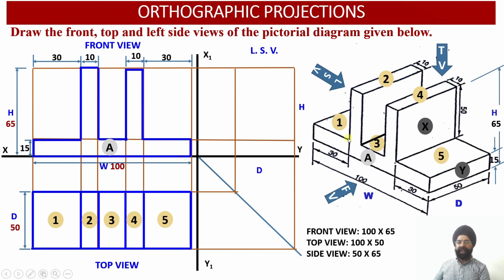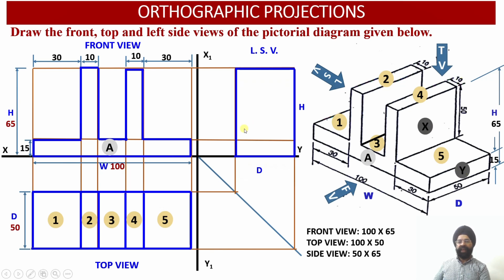So on this side, please check, this wall of this web will be my surface X, right? And then this wall which is going down on the other side will be my surface Y. But for the ease of visualization, I have marked these surfaces as surface X and Y over here, because these two surfaces, surface X on the other side and surface Y on the other side, are just similar to these two surfaces.